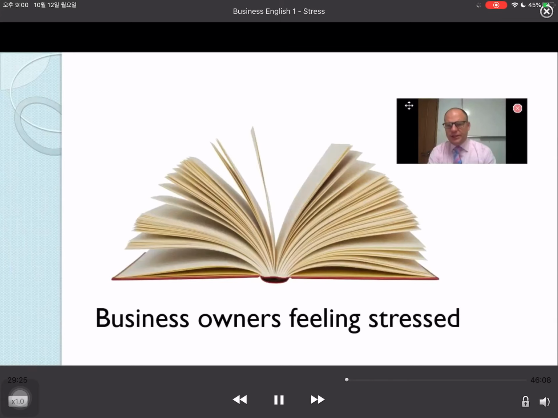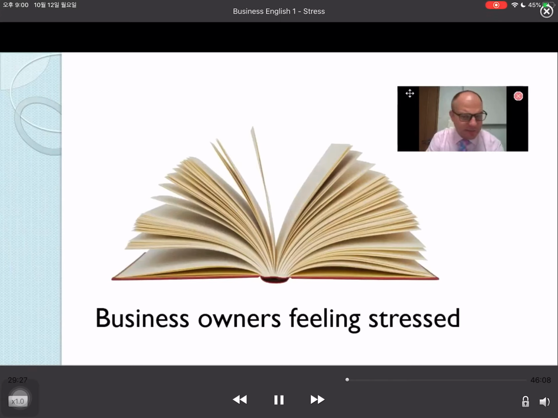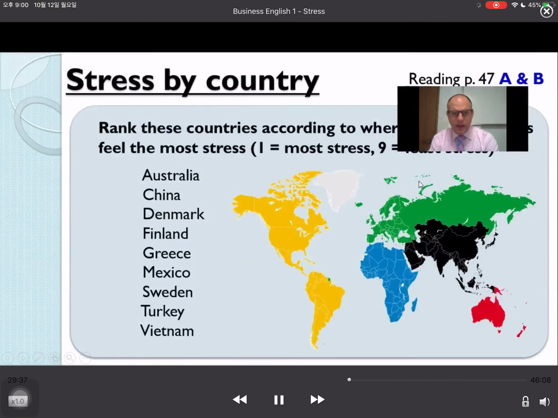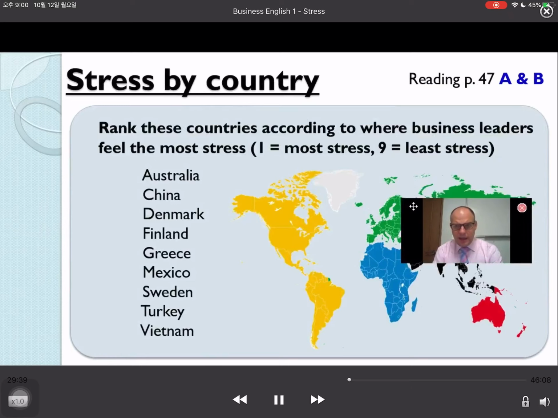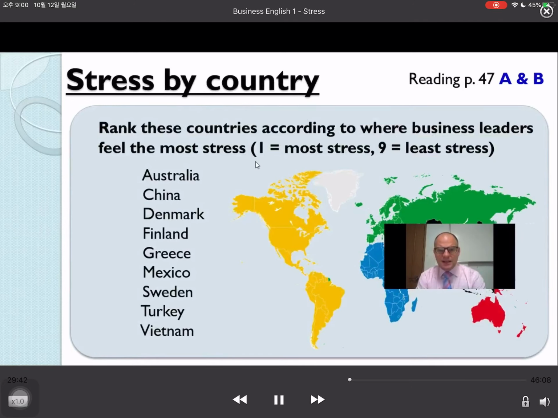Okay, once you finish the listening exercise, there's a reading exercise for you. You can find that on page 47. And it says, rank these countries in order where you think business leaders feel the most stress. So there you go.